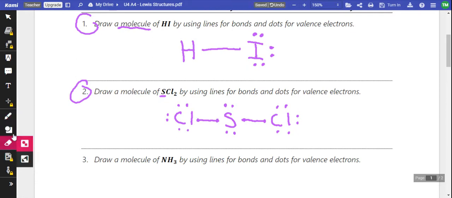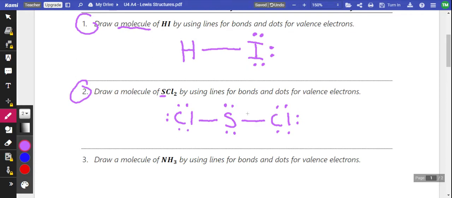Okay. For posterity, I'm going to erase the dots at the ends, so I'm not double counting electrons. Keep erasing the bond. It's okay. So each of those lines represents that pair of 2 electrons.